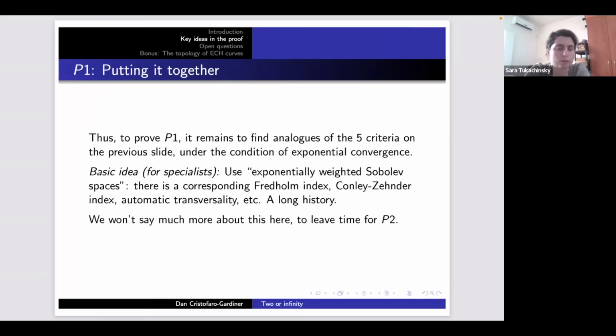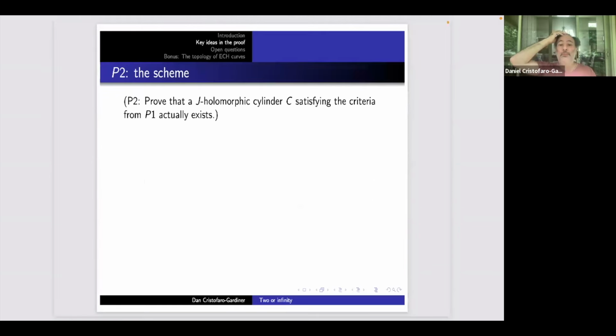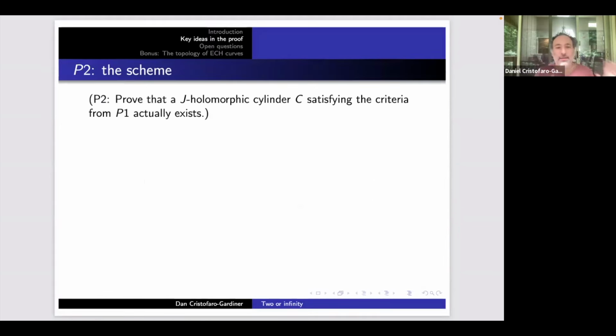Do you commonly expect to encounter exponential convergence? Yeah, great question. That's the key question. Exactly. So we'll get to that in P2. So maybe I'll just go ahead to P2 because that's definitely the crux of the issue. That's sort of what I mean by the two things are related. In P1, you can demand exponential convergence, but then you're left with a quite hard problem in P2, which is you want to show that a J-holomorphic cylinder satisfying these criteria actually exists.